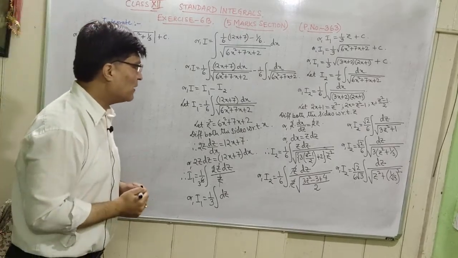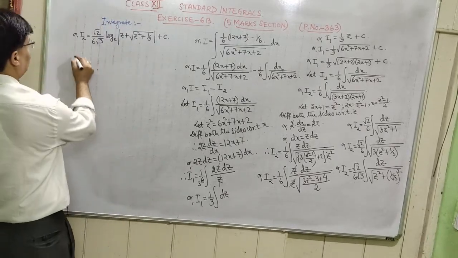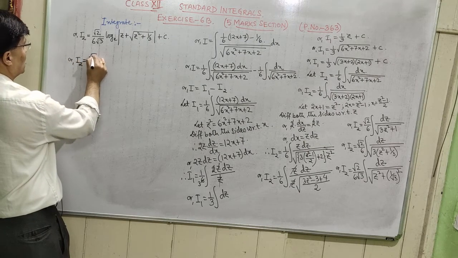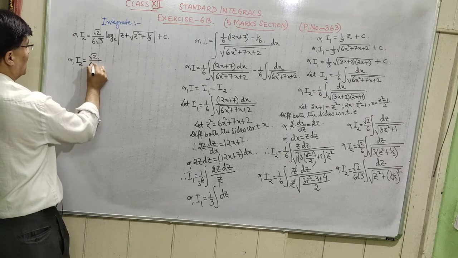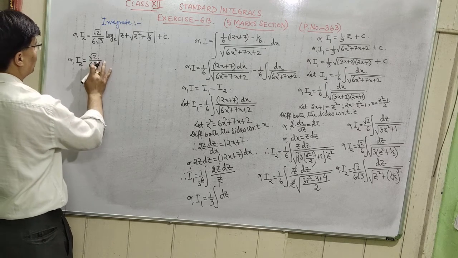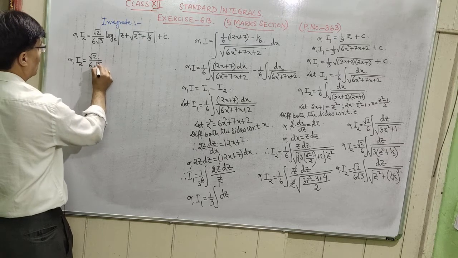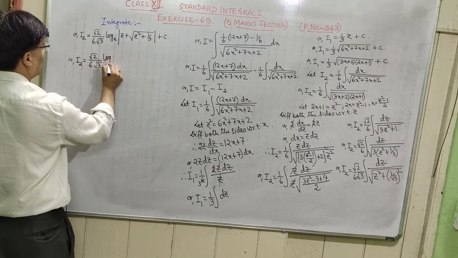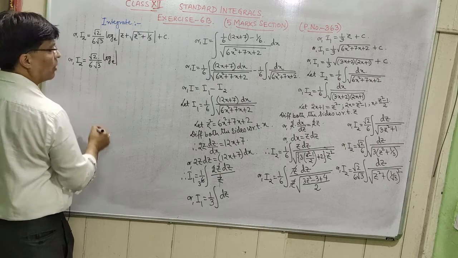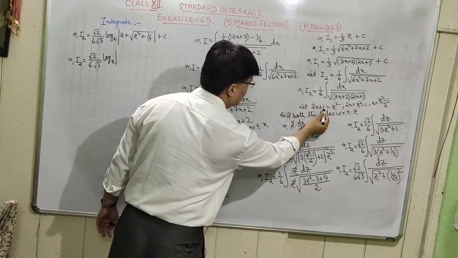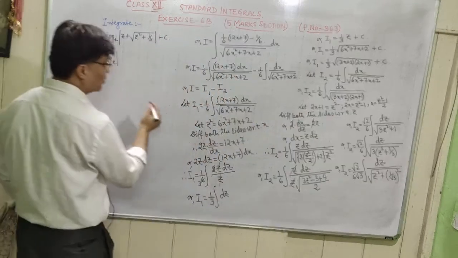So let us put the value for z here now. I2 is equal to root 2 divided by 6 root 3 log base e within mod. What is the value for z? z square is equal to 2x plus 1, so z is equal to root over 2x plus 1.